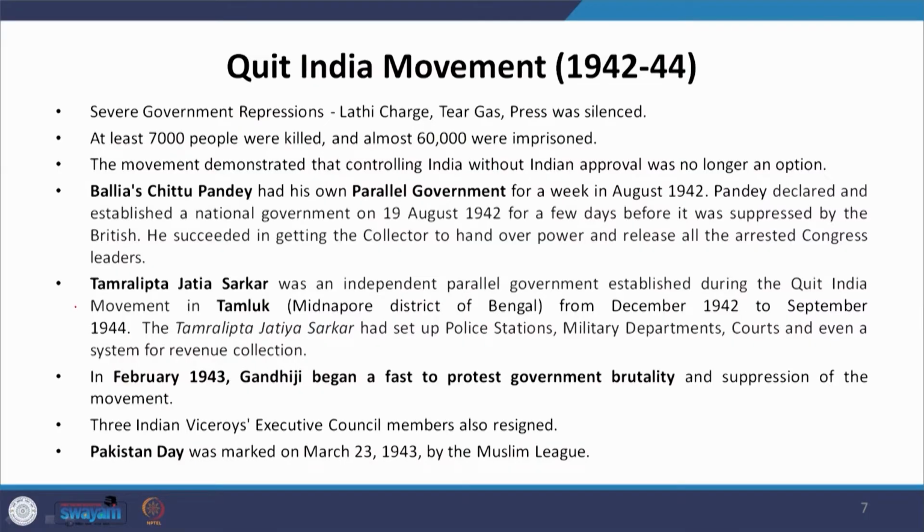In February 1943, Gandhiji began a fast to protest the government's brutality and suppression of the Quit India movement. As a result, we see that 3 members of the Viceroy's Executive Council resigned. In the meantime, Pakistan Day was marked on March 23, 1943 by the Muslim League.